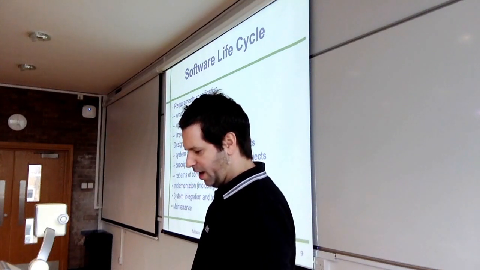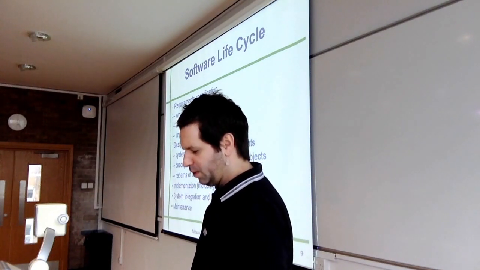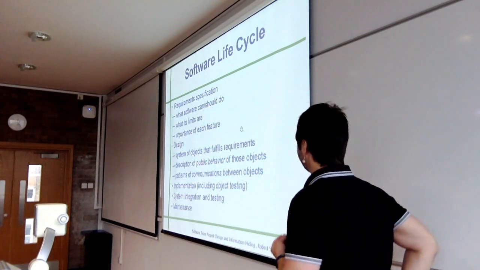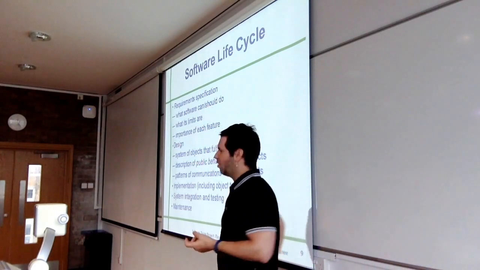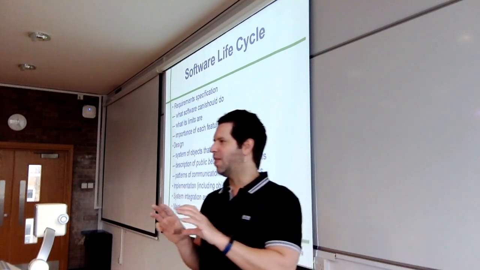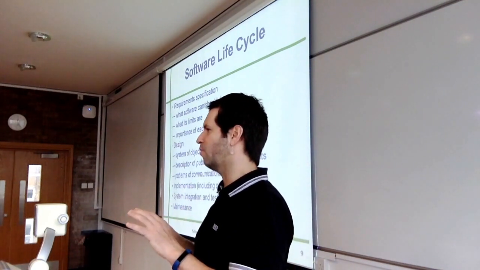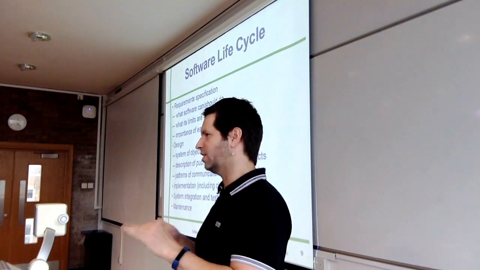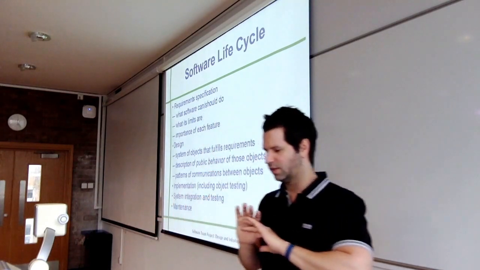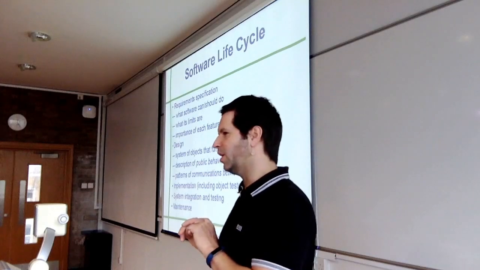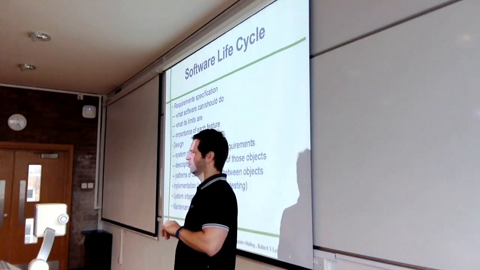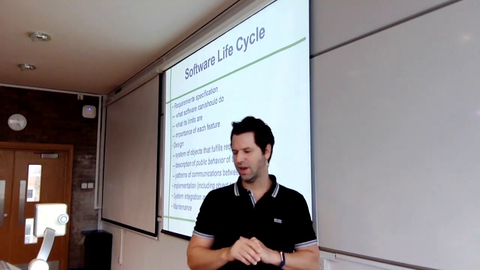For the design, we find out how to come up with a list of objects that fulfill the requirements, and we then derive the public behavior of those objects. Right, the public methods, the methods that we can see from the outside of the object. And we investigate the patterns of communication between the objects too. This is all part of the software design process.